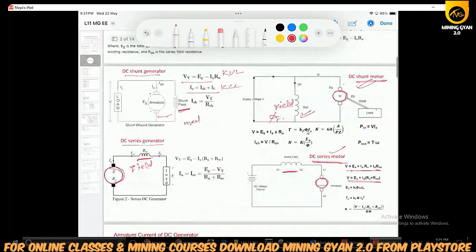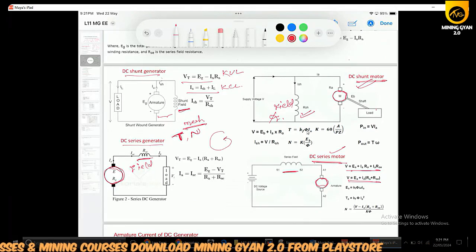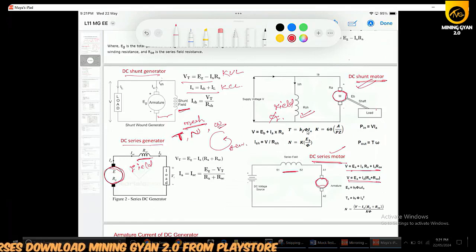Mechanical energy will be represented in terms of torque. Torque is like force only. And speed, means if it is rotating in this direction, in anti-clockwise direction. Omega is what? Angular speed, that will be measured in terms of radian per second.